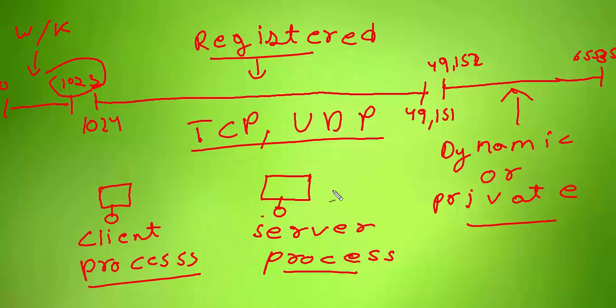If the computer at the server side runs a server process and assigns a random port number, the client that wants to access its services will not know the port number.